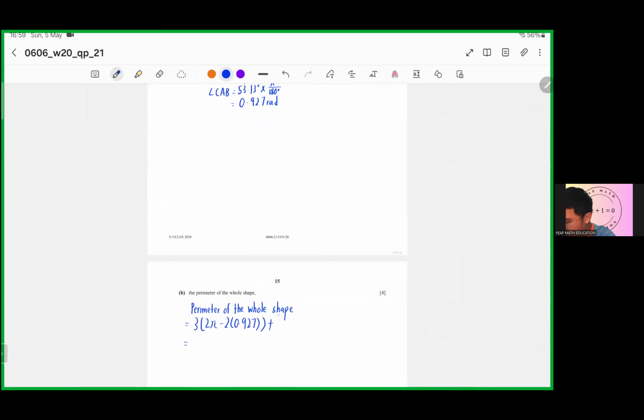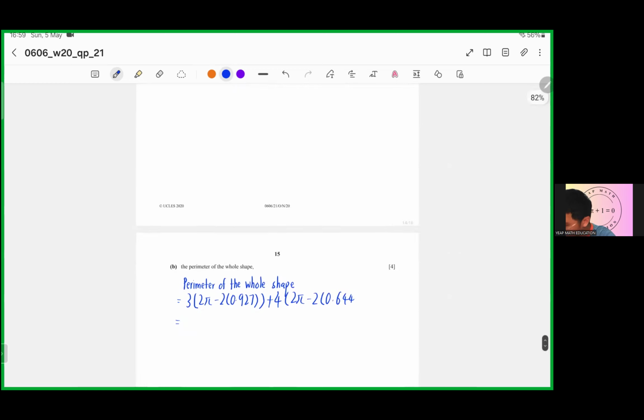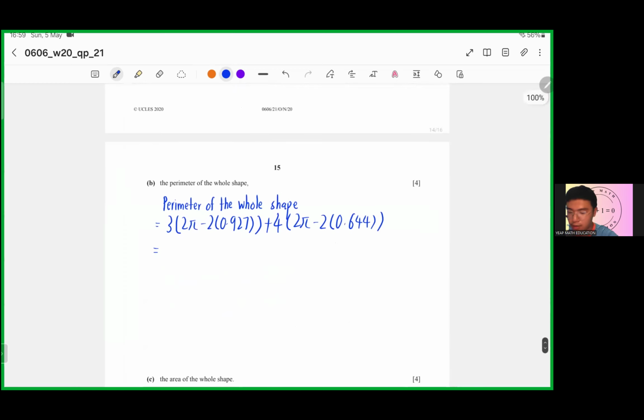And then plus 4 bracket 2 pi minus 2 bracket 0.644 right here. Let's calculate what's the answer.